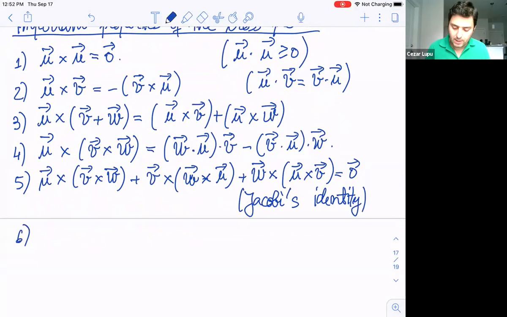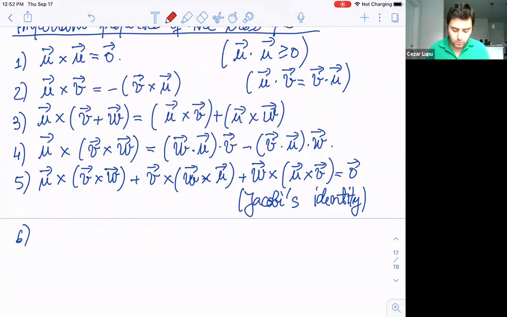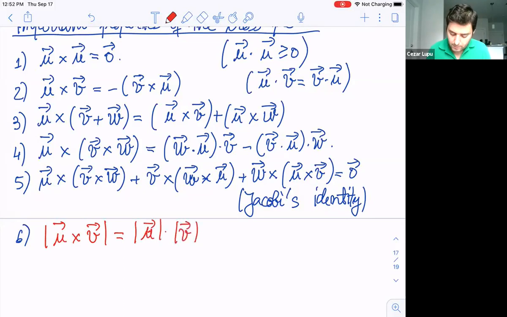And now we can relate the magnitude of the cross product, and I'll put it like this: the magnitude of U cross V will be nothing else than the magnitude of U and the magnitude of V, each one of them squared, minus the dot product between them squared.